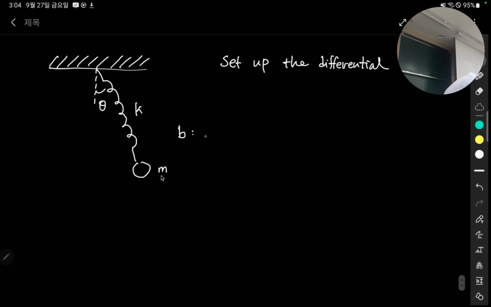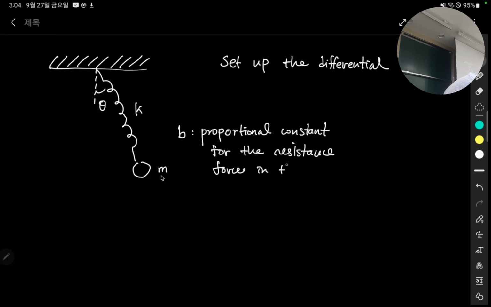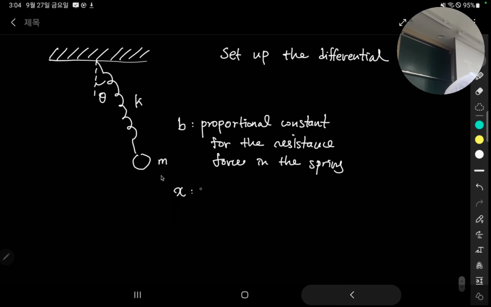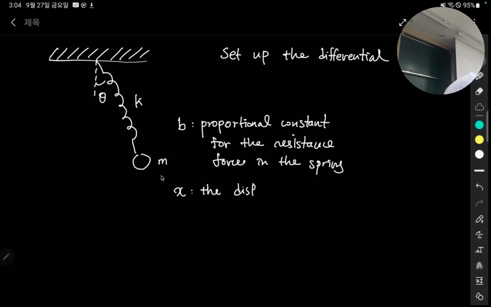B is the proportional constant for the resistance force in the spring, and x is the displacement of the mass from the equilibrium position.